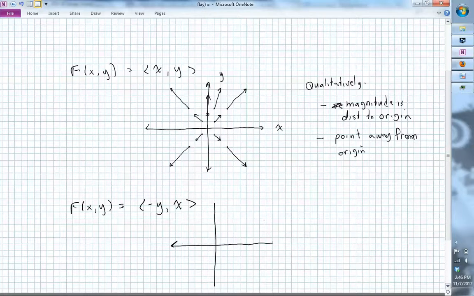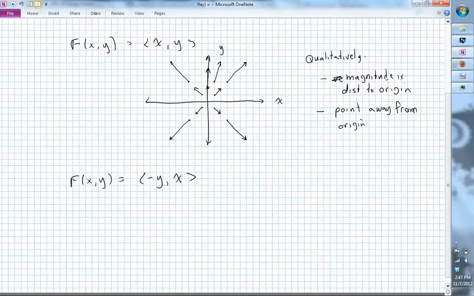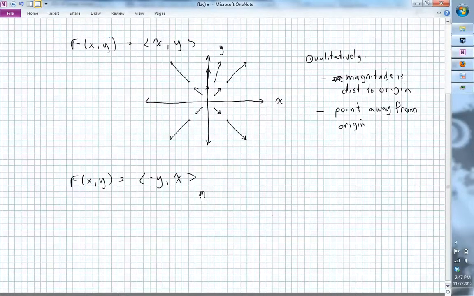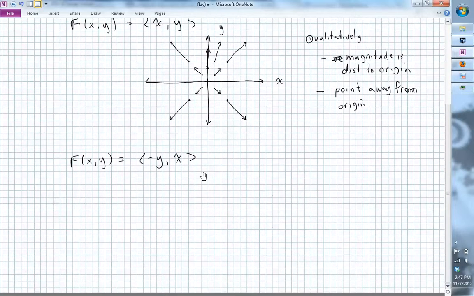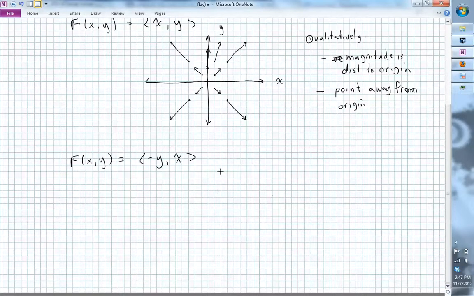This is, if you can get this one, then you've got it pretty well figured out. Okay. So there's a coordinate axis.